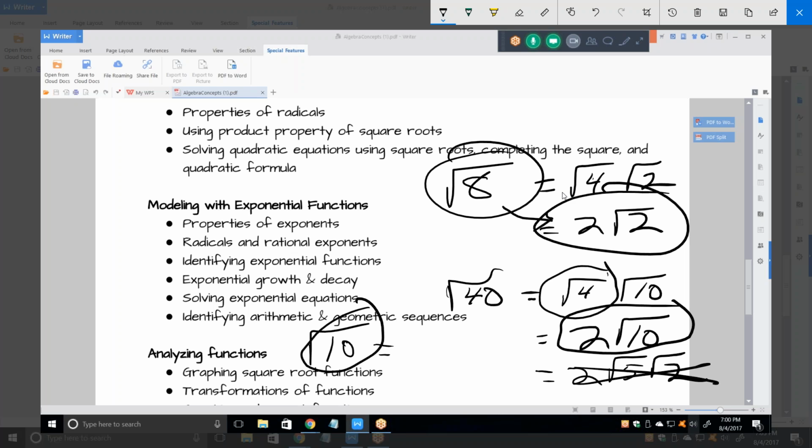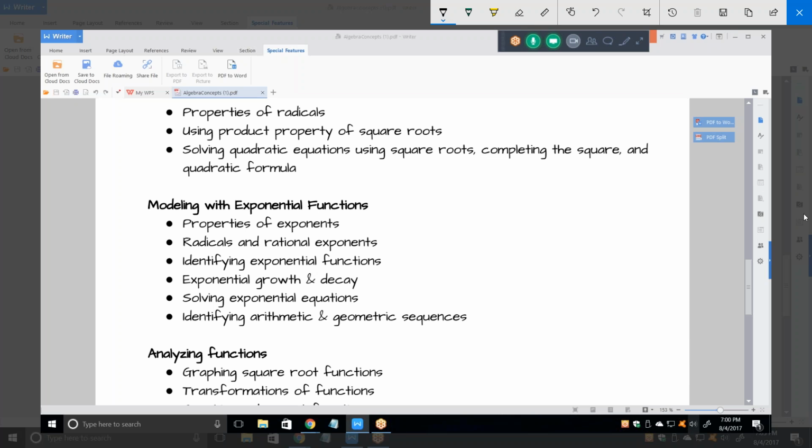All right. Use product property of square roots. That's relatively simple. They're saying, what is the square root of 3 times the square root of 3 equal to? The square root of 9.